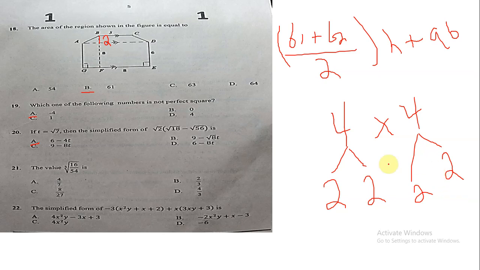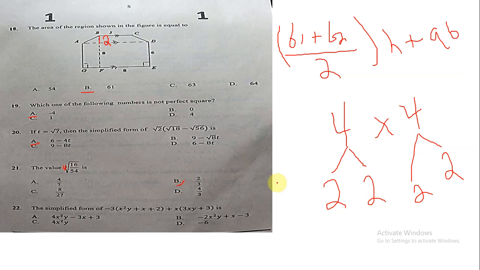That means if we multiply 2 four times, we will get 16, and if we multiply 3 four times, we will get 54. So here it should be 4, not 3. Then you will get the choice 2 over 3, the correct answer.